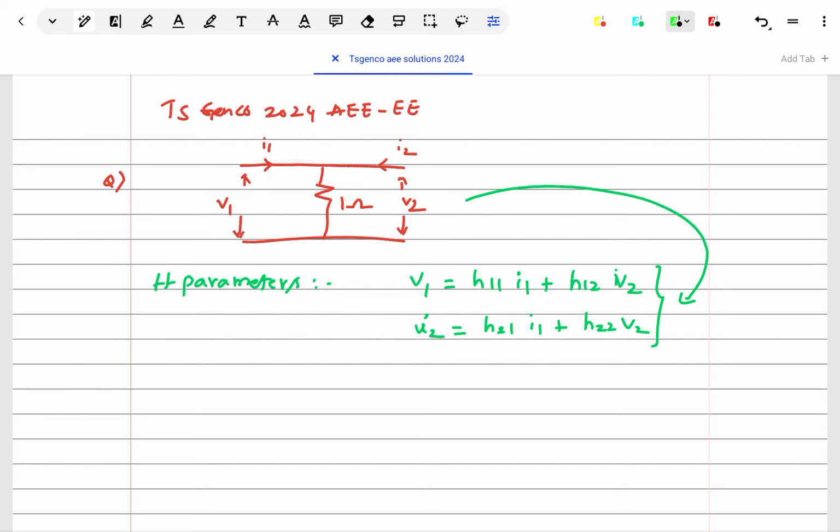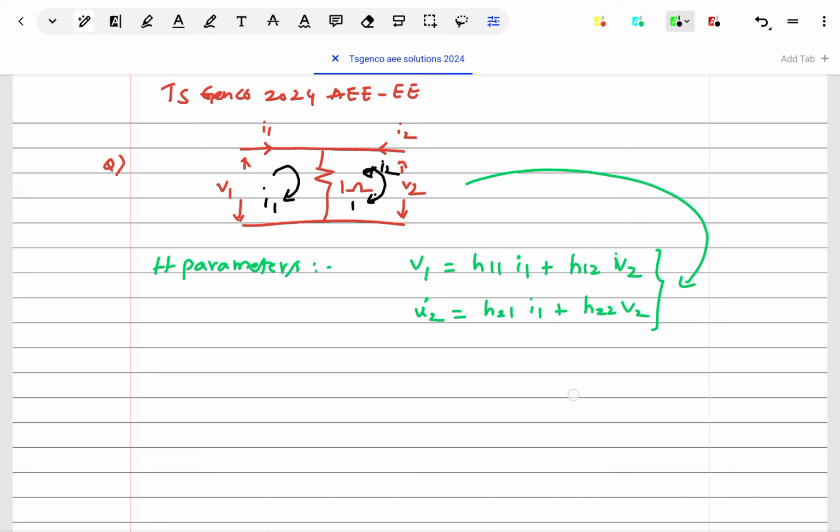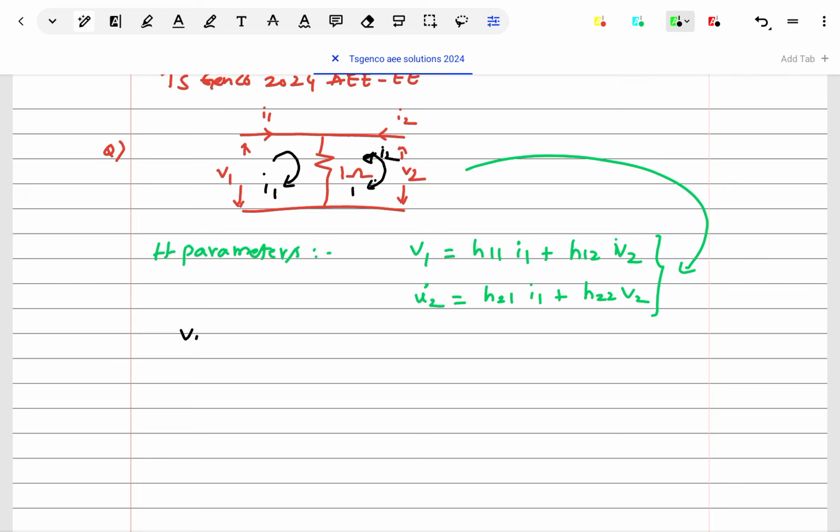So how am I going to write this? Let me assume this is I1 and this is I2, since the current direction is reversed here. So what is V1? In these parameters, both currents are entering here. Let me erase this part. The current will flow in the opposite direction like this, so the entire current will flow here.